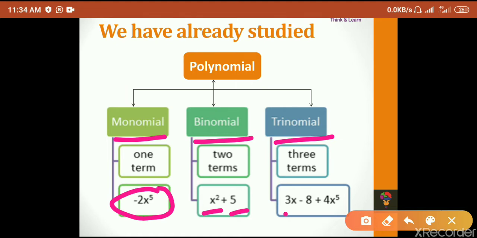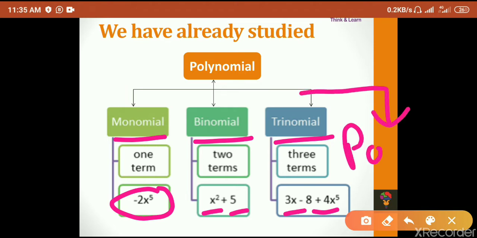While you can see in the trinomial case, we are having three different terms. Here 3 into x is first term, minus 8 is second term, and 4 into x raised to 5 is third term. So these are three different terms. In 8th standard, we have studied that if we have more than three terms, we simply call them polynomial.